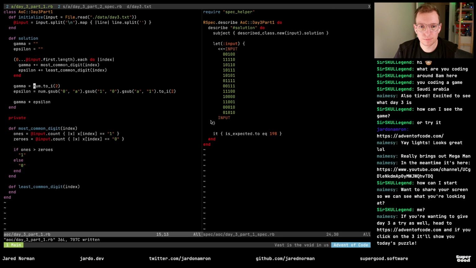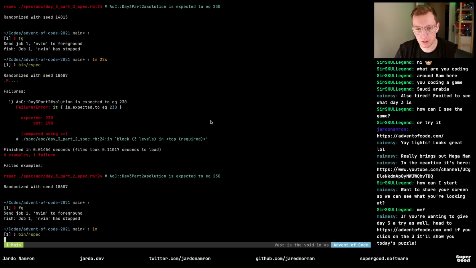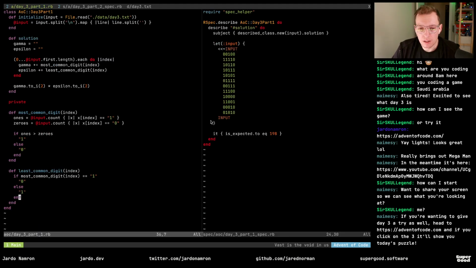We can delete all this jank and just convert them both to binary, and this should just be... seems like it should work. Seems to work. All right, let's use those.